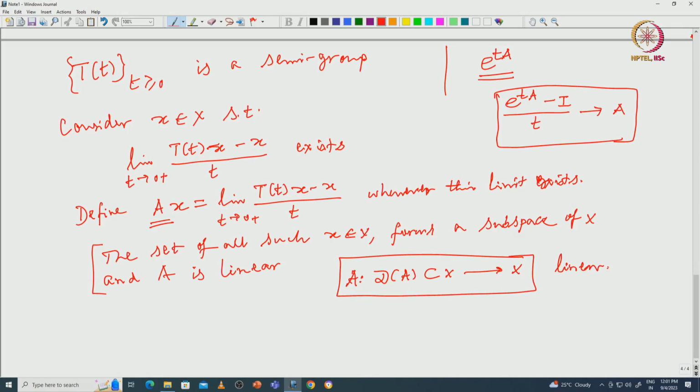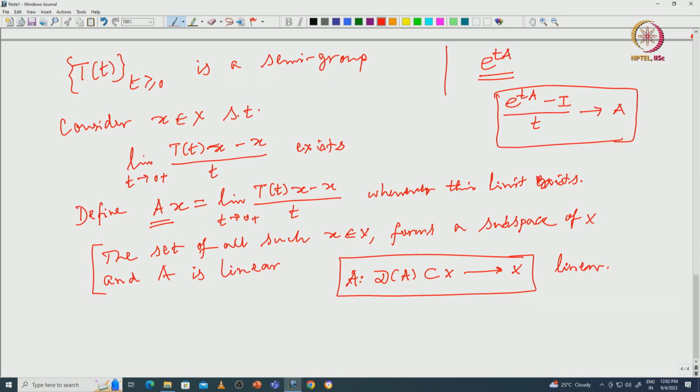We call such linear operators unbounded operators, since they are not defined on the whole space X. So this leads us to the study of these unbounded operators.